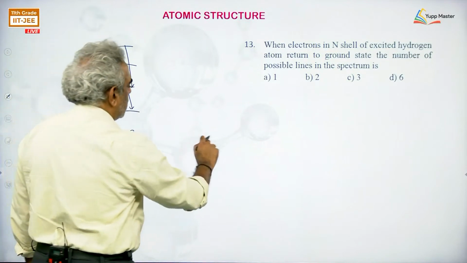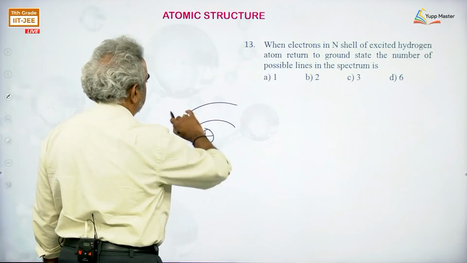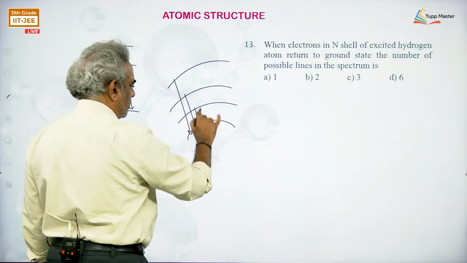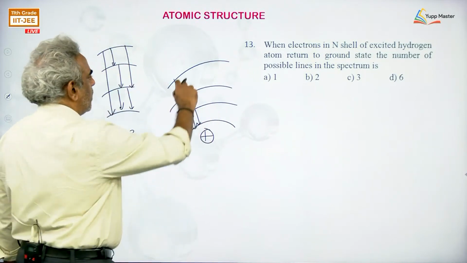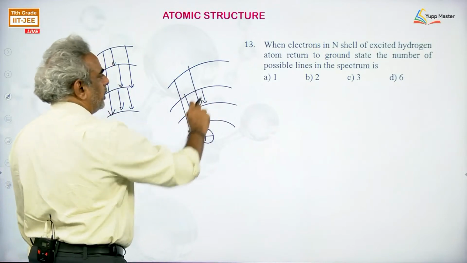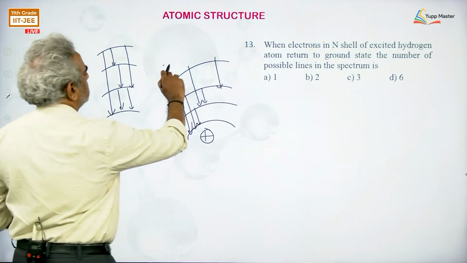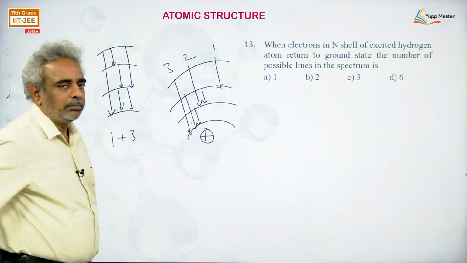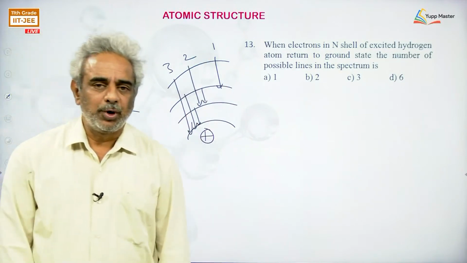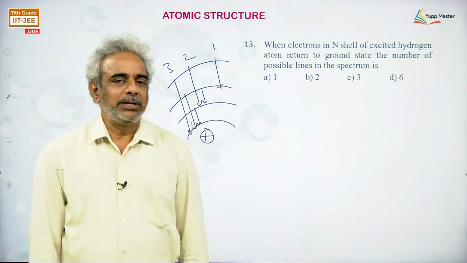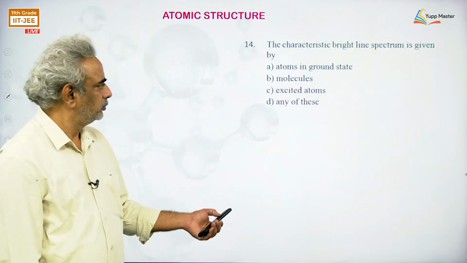So, that is why you better go like this. How many Lyman lines, how many Balmer lines? 3 Lyman lines are possible, 2 Balmer lines are possible, 1 Paschen line is possible. So, total 6 lines are possible. There are many roads to Rome. You can calculate this in different methods.